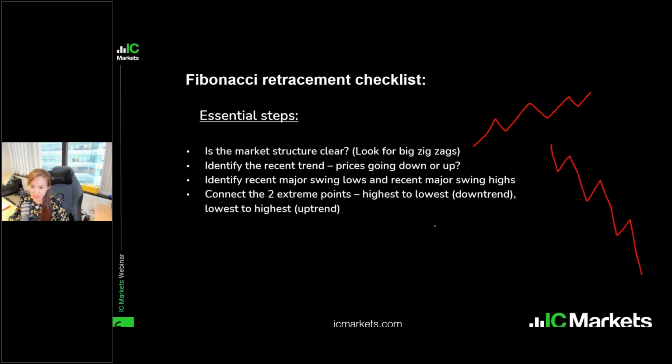Second, you need to identify whether price is going up or going down, and identify the swing high and the swing low. If you want to draw for the downtrend, this is your starting point, and then this is your ending point.